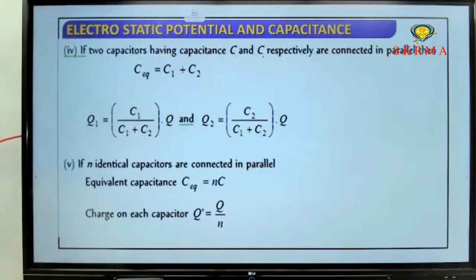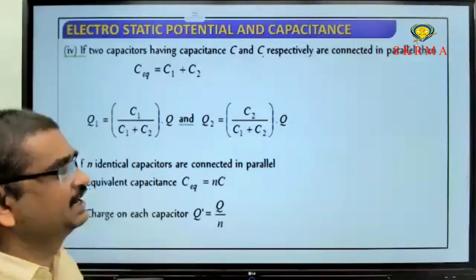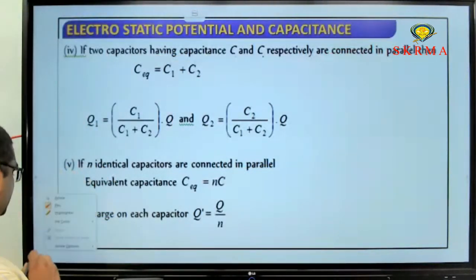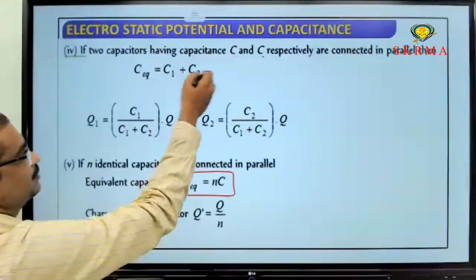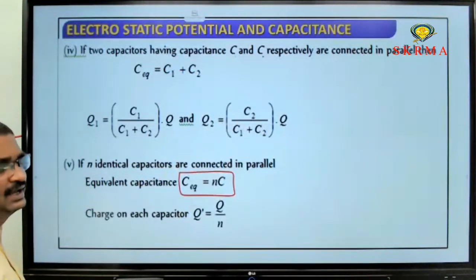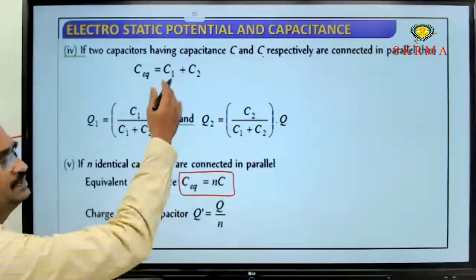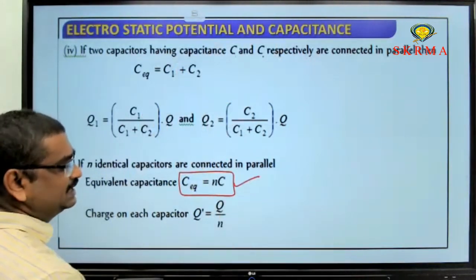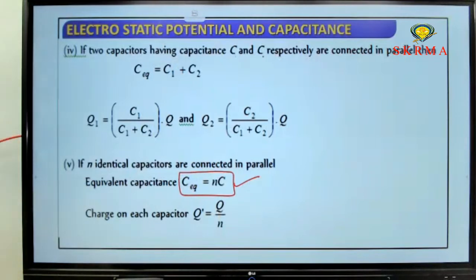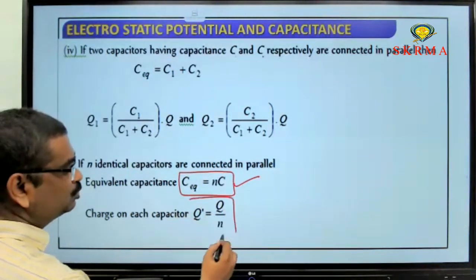Next. If n number of capacitors are connected in parallel, what is the equivalent capacitance? Here the same capacitors are connected, so C plus C plus C and so on, n terms are there, so C equivalent equals n into C. Next, what is the charge on each capacitor? Q by n.